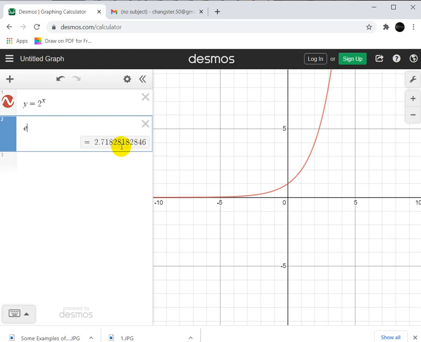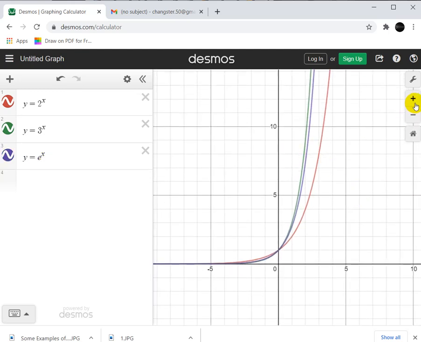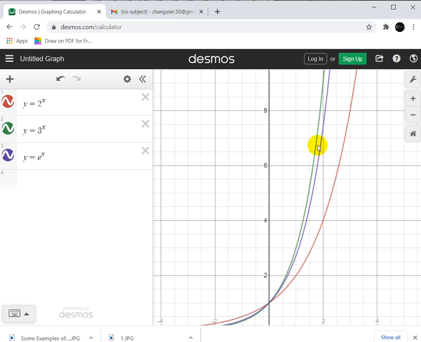Now, let's try to figure out what this means in relation to the graph y equals 2 raised to the x. Let's also graph 3 raised to the x. So e raised to the x is somewhere between the graph of 2 raised to the x and 3 raised to the x.